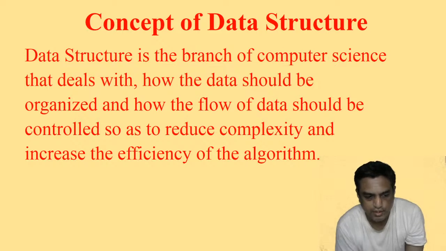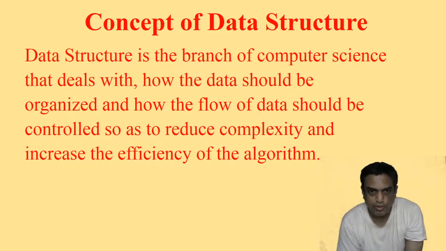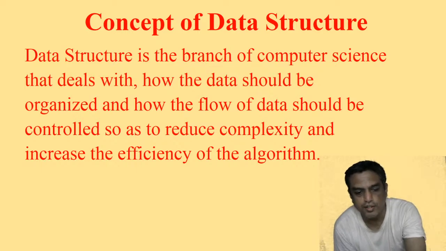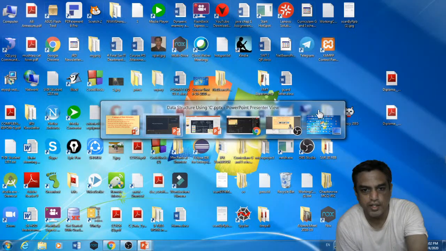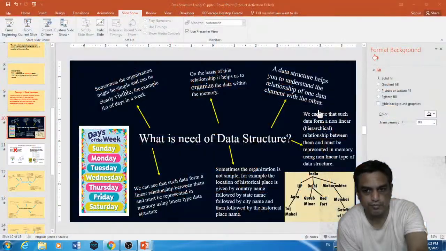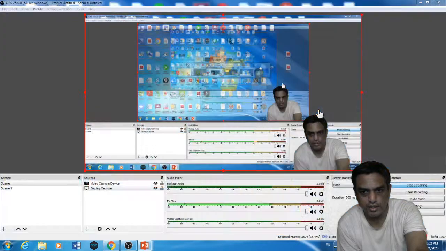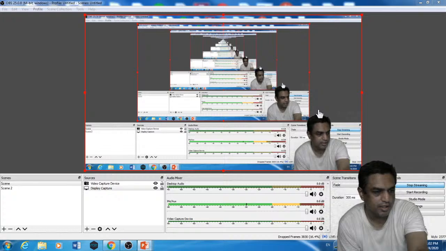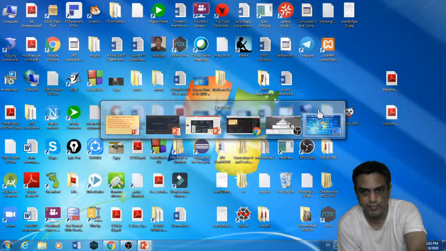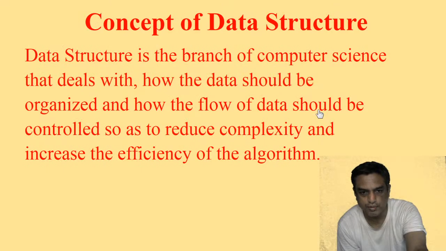In today's lecture we are going to see what is the need of data structure. Once you understand the need of data structure, then you will understand why we are learning this particular subject, right? So let us see.